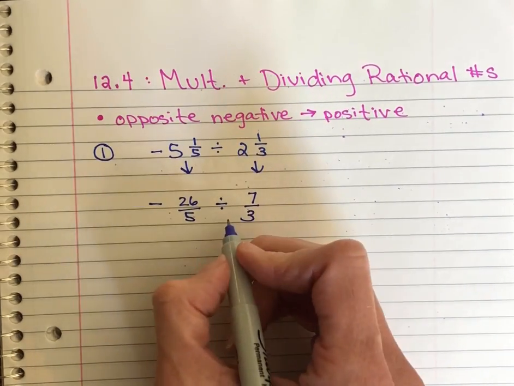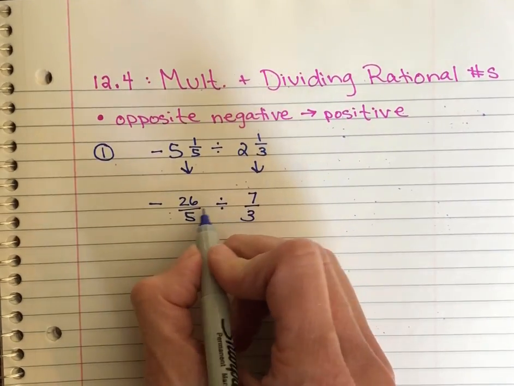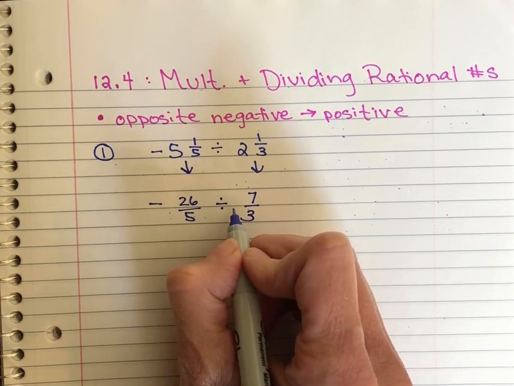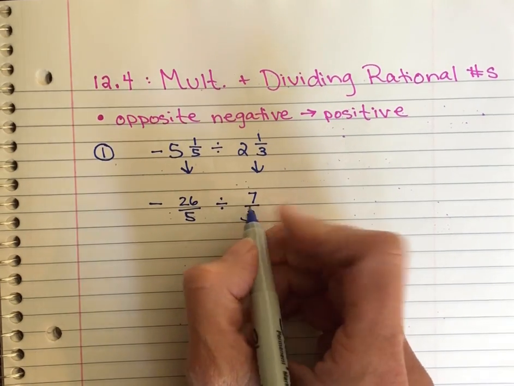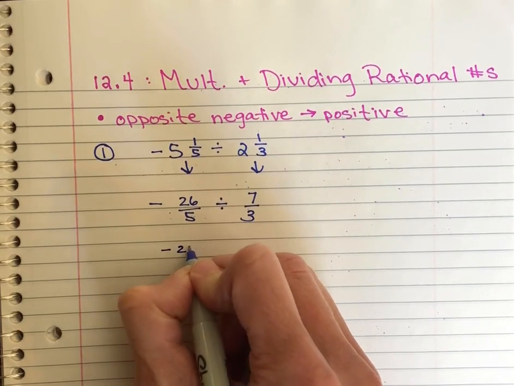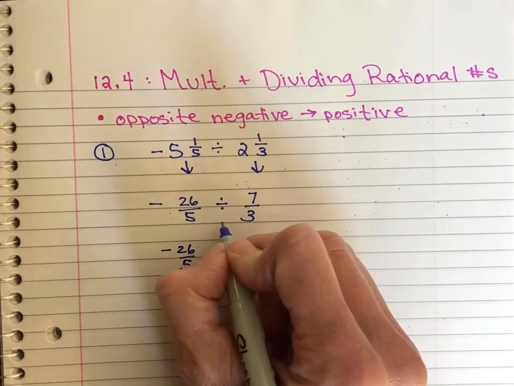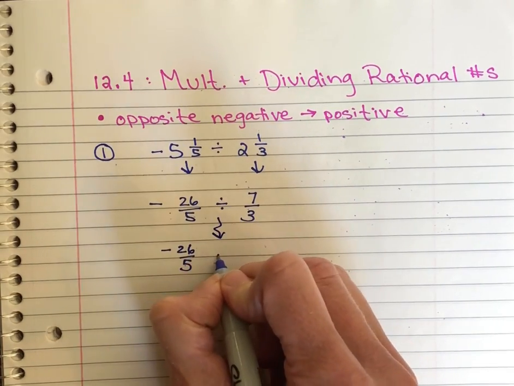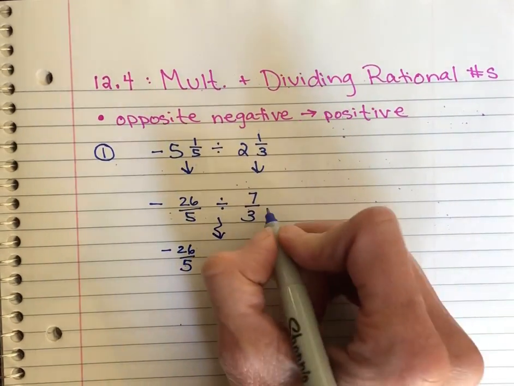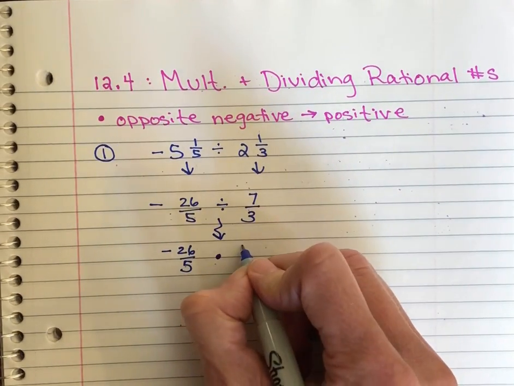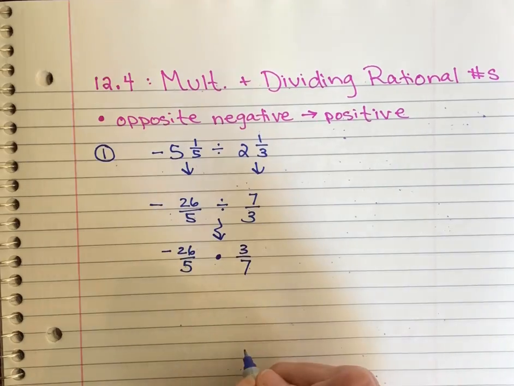Okay, so we need to remember that to divide fractions, we're actually going to use the multiplicative inverse. So -26/5. The opposite of division is multiplication. And the reciprocal, or the multiplicative inverse of 7/3 is 3/7.